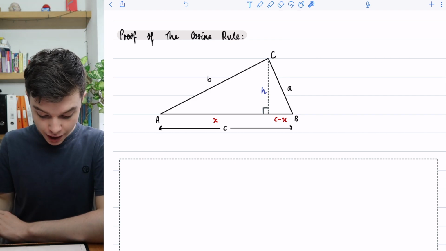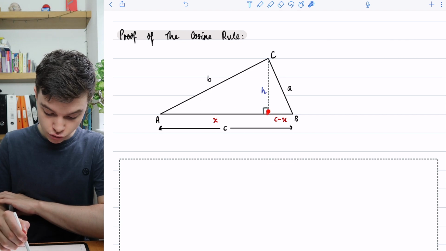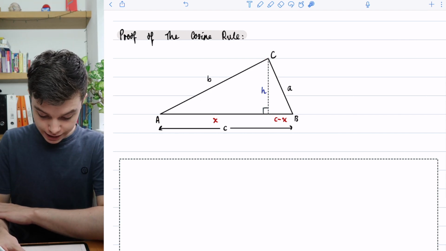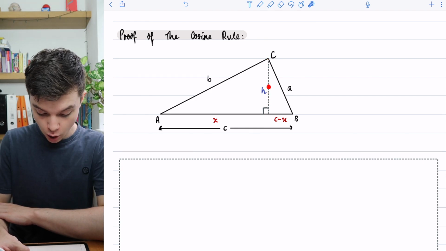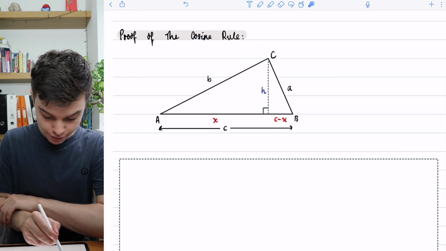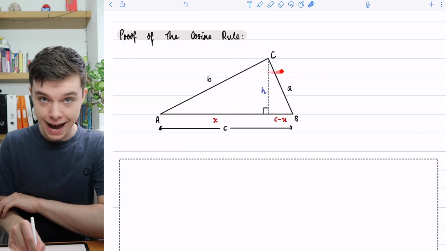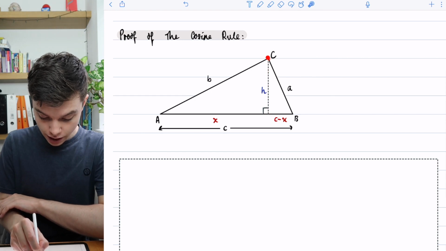So we can see here I've got a triangle, and I've got a nice triangle so that I can drop this perpendicular height down here. This perpendicular height goes from the angle C, this point up here, all the way down to this horizontal side. I've labelled this whole side c because it's opposite angle C, but then I've split it up from the perpendicular drop down.